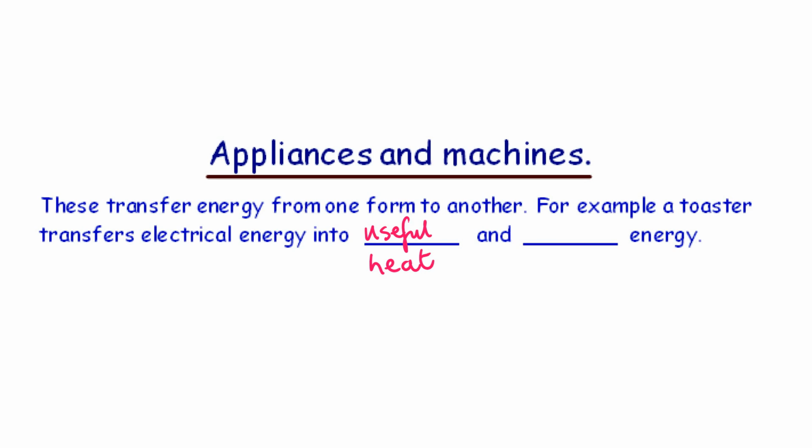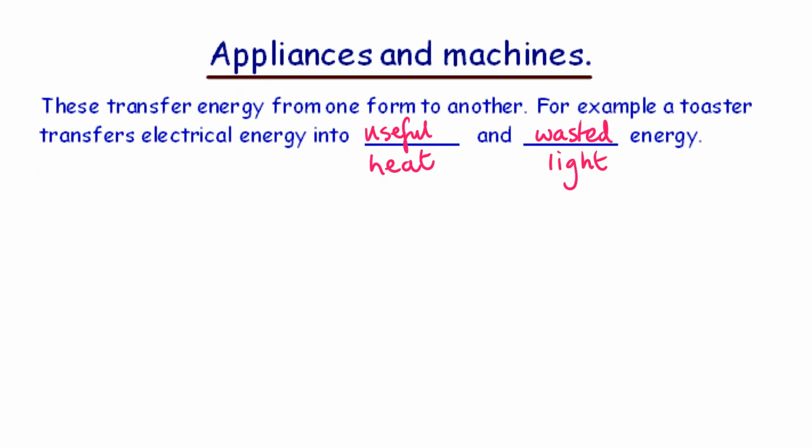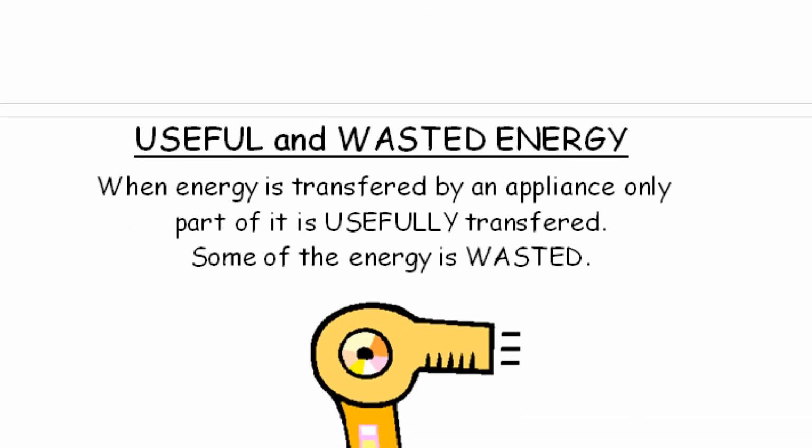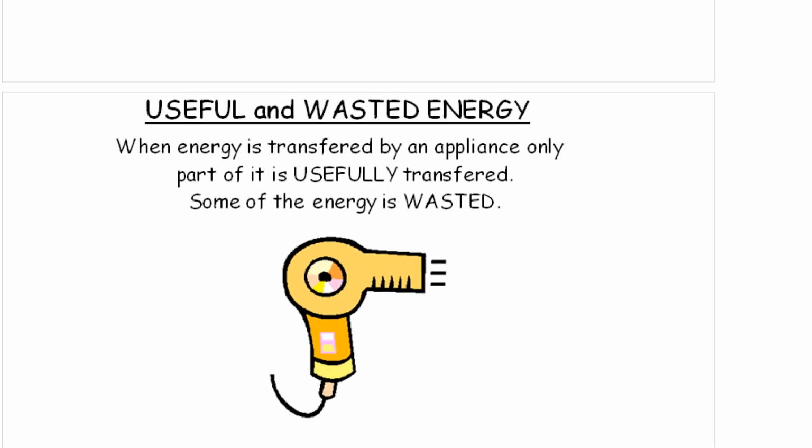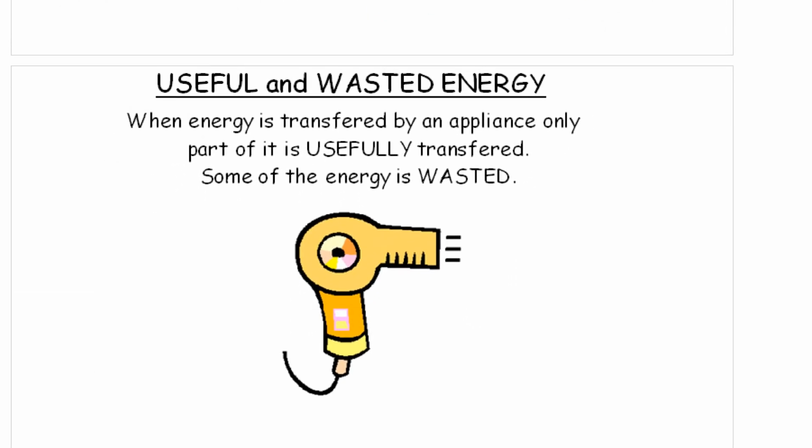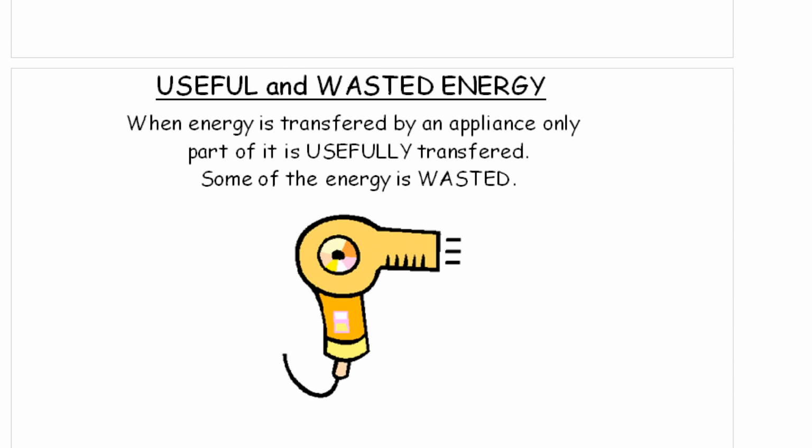So we've got a type of wasted energy there, wasted light. Useful and wasted energy. When energy is transferred by an appliance, only part of it is usefully transferred. Some of the energy is wasted.